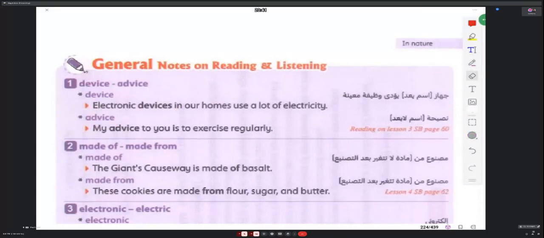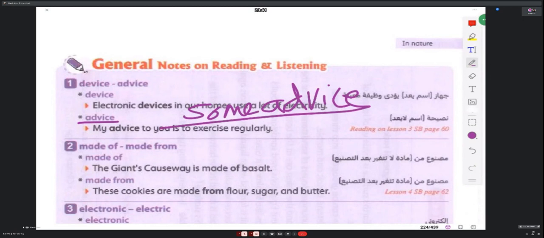But I can't change advice into plural. I can say my father gave me some advice, بعض النصائح, but I cannot use advices.